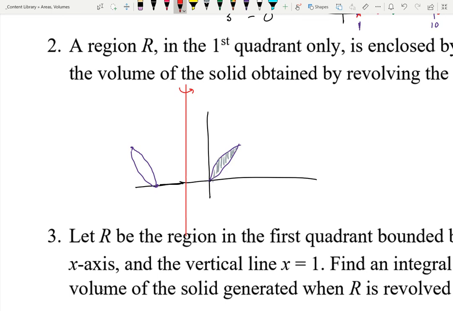So once again, this is going to be a hollow object because of the spacing between the axis of rotation and the region.